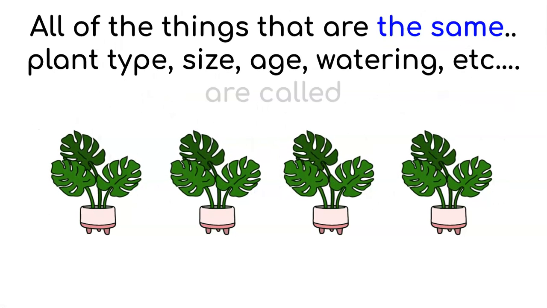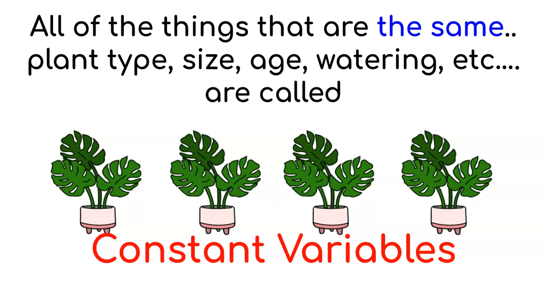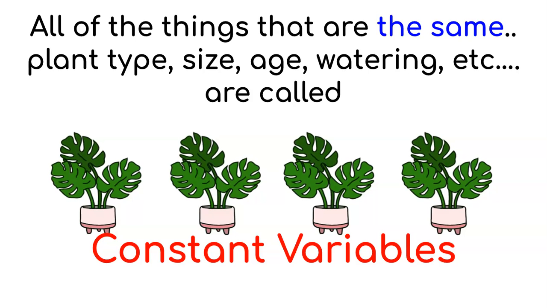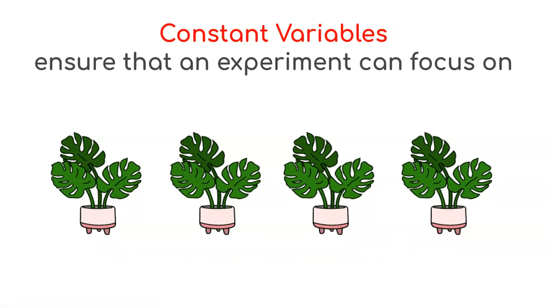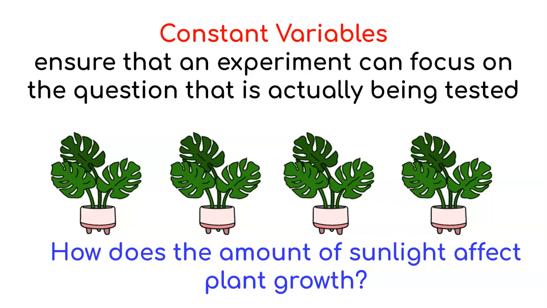All of these things that are the same, the plant type, the size, the age, watering, etc., are called constant variables. Constant variables ensure that an experiment can focus on the question that is actually being tested. In this case, it's how does the amount of sunlight affect plant growth?